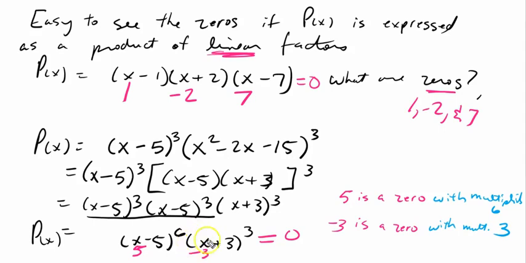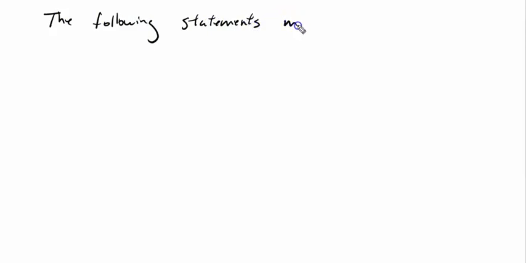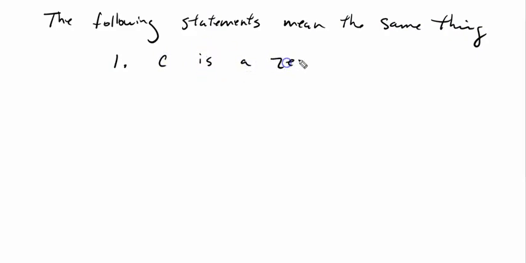Okay. Now, that's all well and fine. What does multiplicity have to do with anything? Well, the following statements mean the same thing. C is a zero of a polynomial.